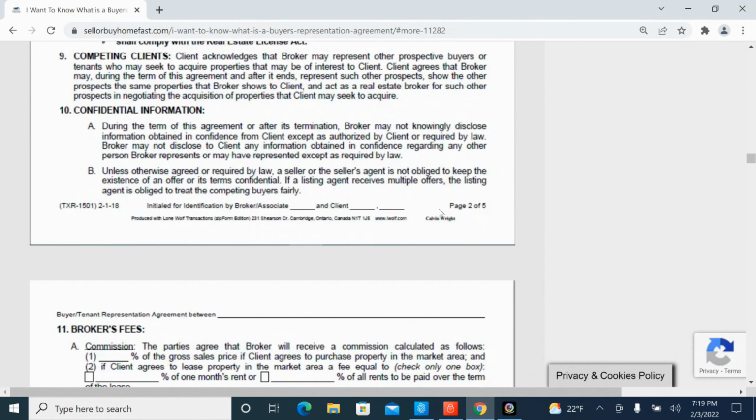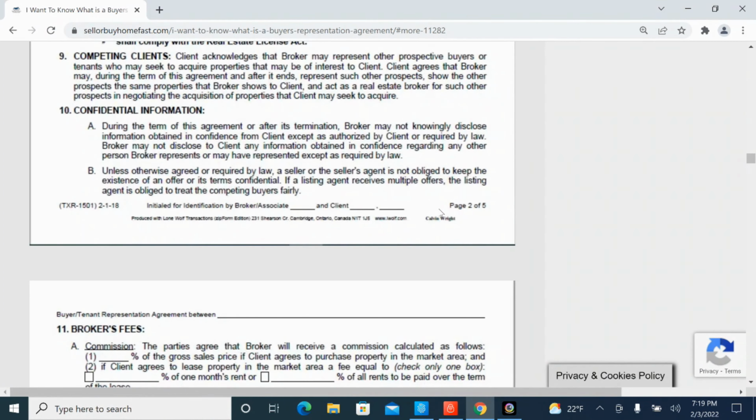And the confidentiality statement means that if you don't want certain information to be shown, then the agent has to abide by what you're asking them to do. So that's what it's stating.